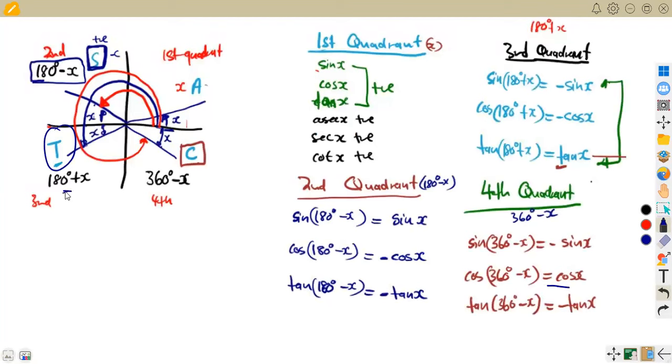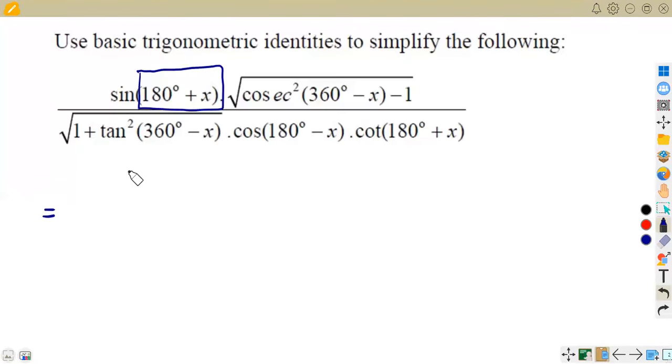In the third quadrant, only tan is positive, meaning to say sine is going to carry a negative. Sine 180 plus x is going to be given as minus sine x. So this is what you simply need. You have reduced this to minus sine x.